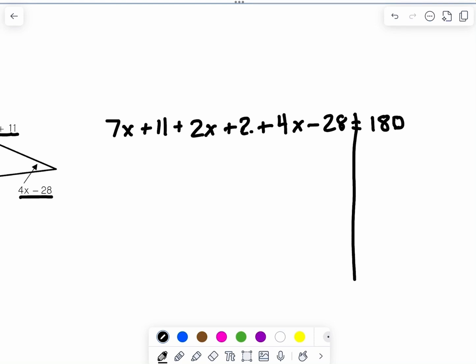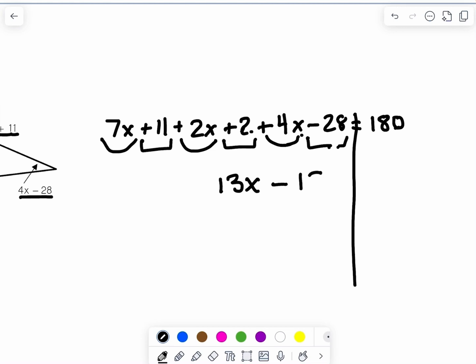And then we combine like terms and solve. 7x plus 2x plus 4x gives me 7 plus 2 plus 4 is 13x. And then positive 11 plus 2 minus 28 is going to give me negative 15. So minus 15 equals 180.